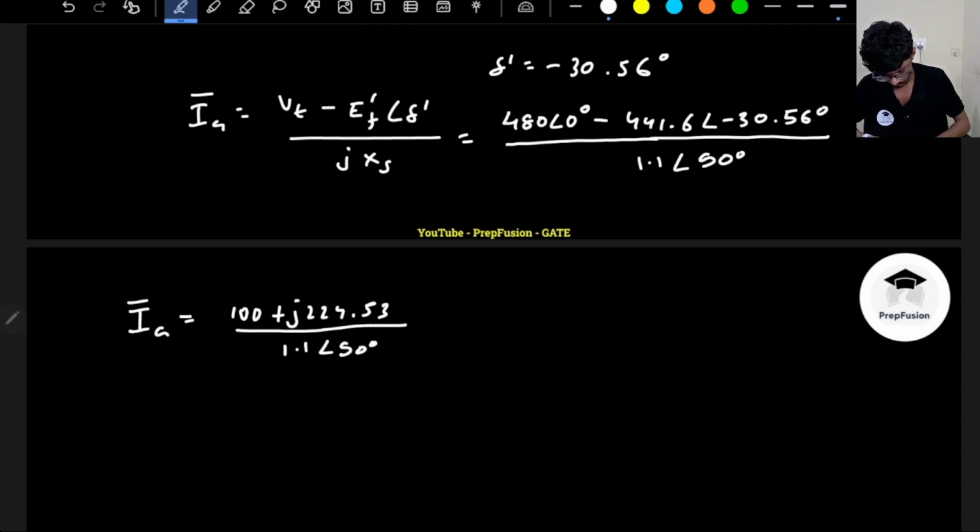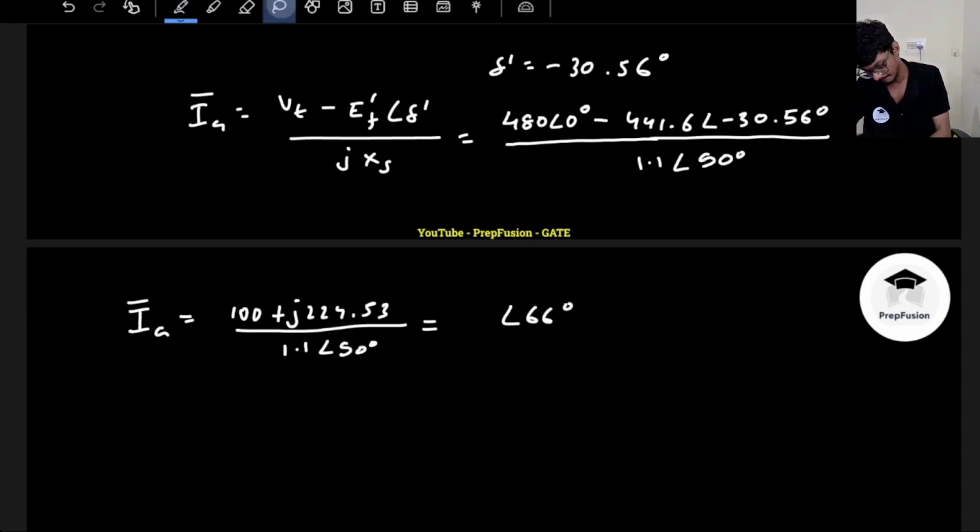Taking the magnitude, 224.53 whole square plus 100 whole square, whole under root.